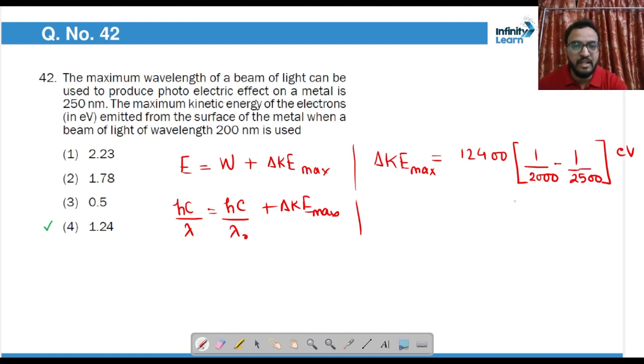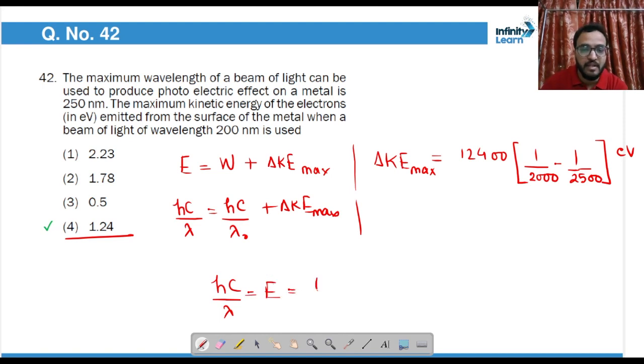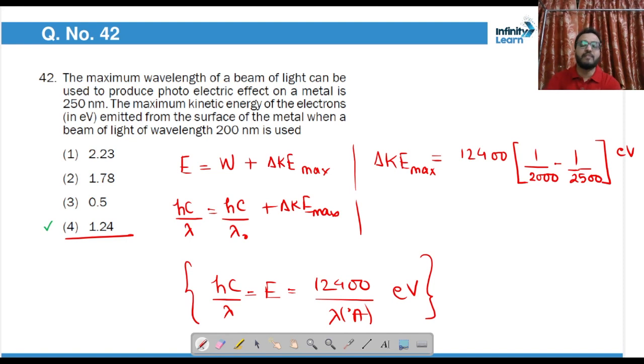Now if you solve it, you will get the answer 1.24 exact. Clear? Electron volts. What we have done is Hc by lambda, if you remember, this energy is also expressed as 12400 upon wavelength in angstrom electron volts, right? So in this term we have written it.